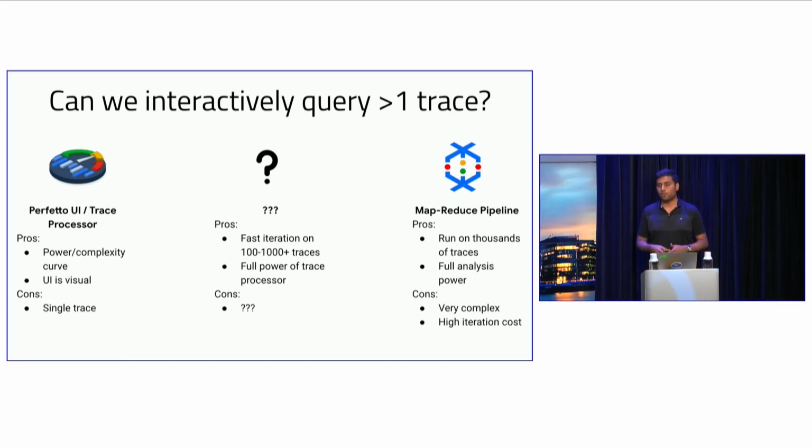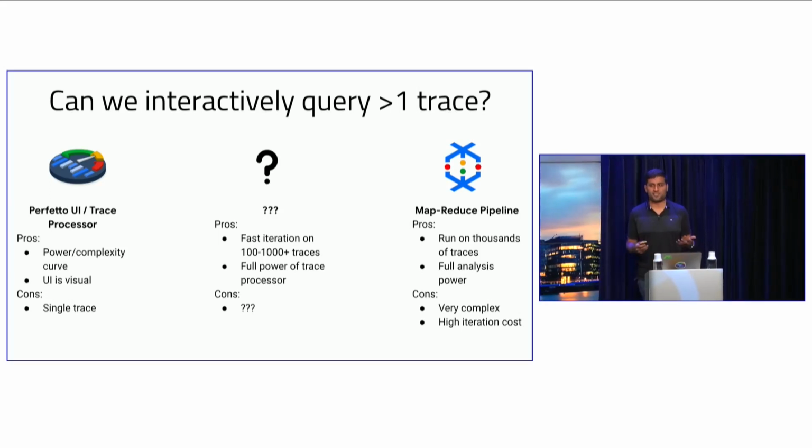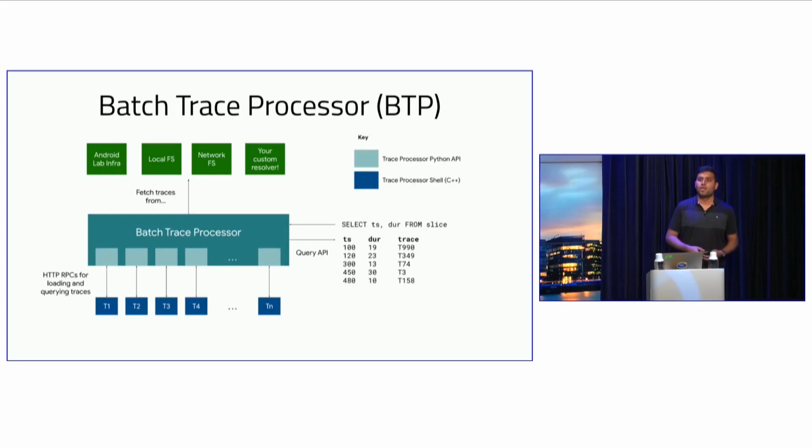So what we were trying to do is find some middle ground. Can we interactively query traces, but also have the full power of Trace Processor, operating on, let's say, 100 to 1,000 traces? So we're getting a representative sample of the 30,000.